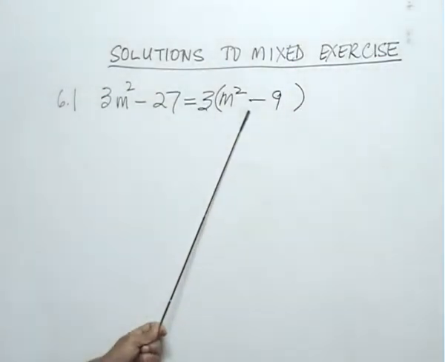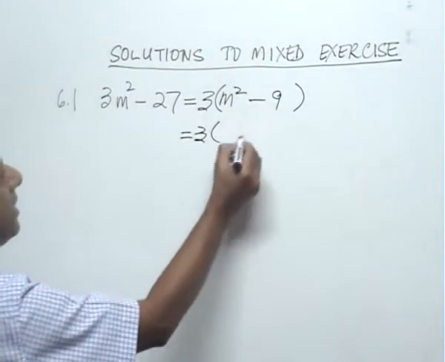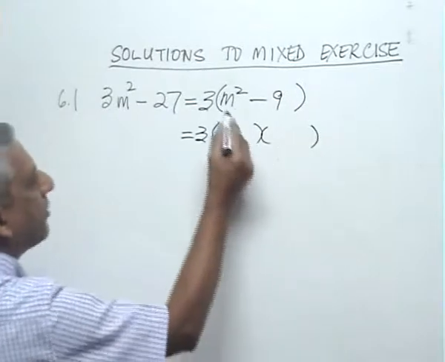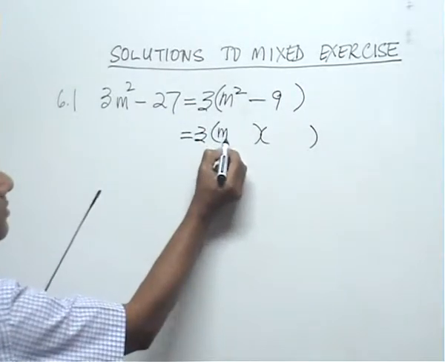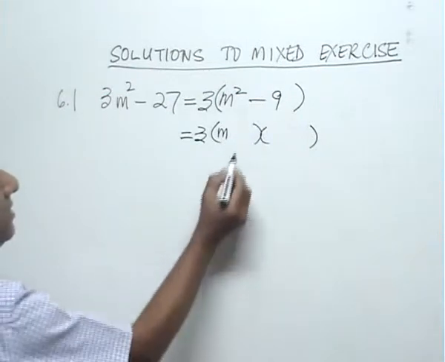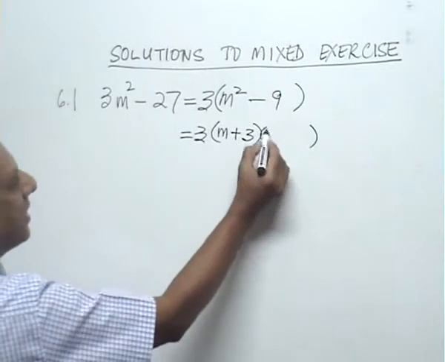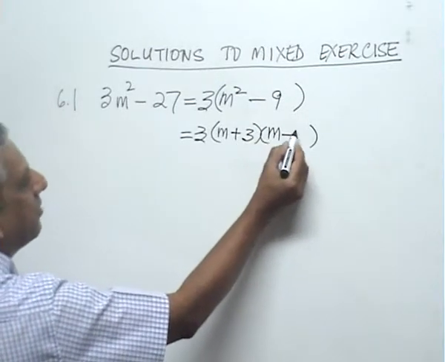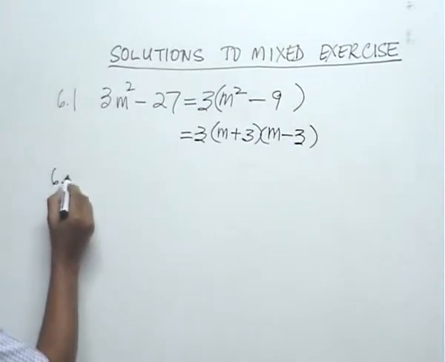So we have to factorize inside the bracket now. So you bring down the 3 like that, and for the difference of 2 squares, square root of m squared, m. Square root of 9, 3. One bracket will be plus, and the next bracket will be minus. Alright, let's move on to 6.2.